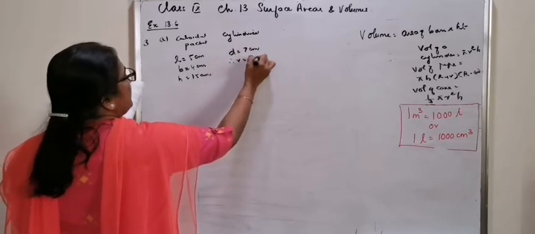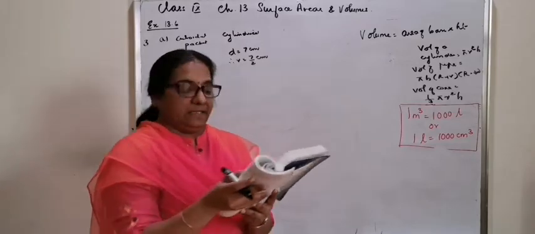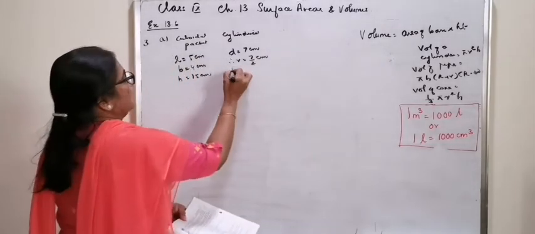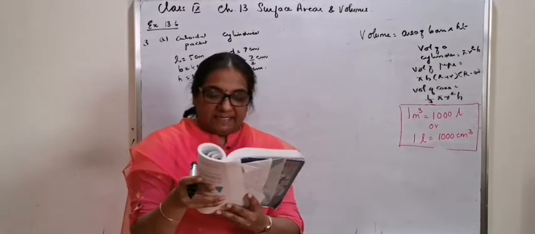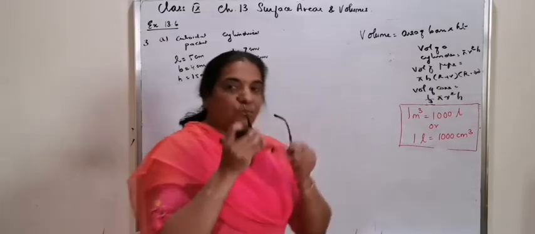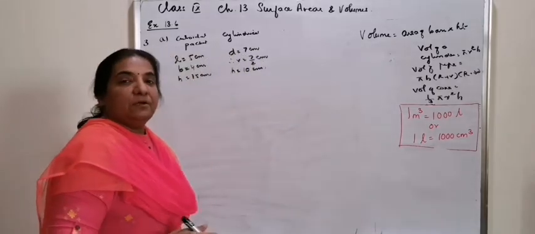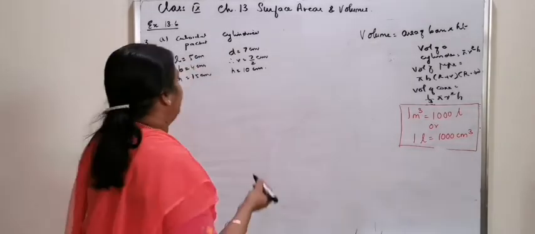Therefore, radius is 7 by 2. Avoid decimal, you can write it as a fraction, and height is equal to 10 cm. It's a direct application. Which container has a greater capacity and by how much? Just find the volumes and compare which container has the greater volume.